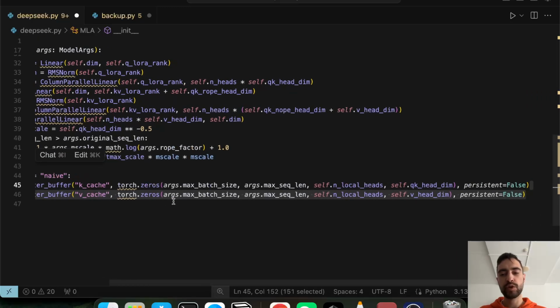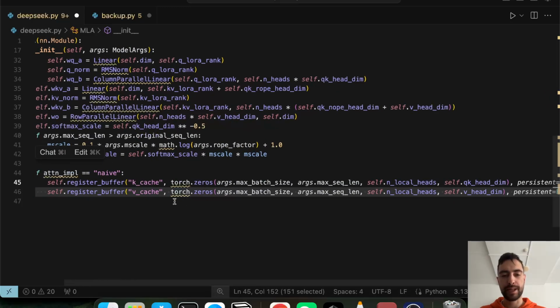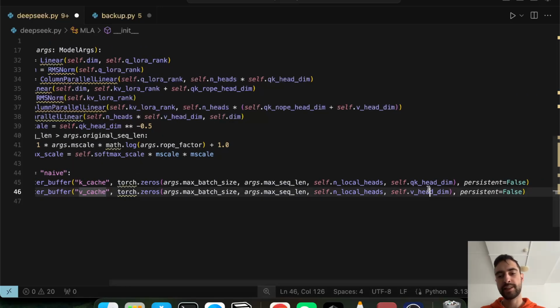Next, we will do the exact same thing, but for the value cache. Everything is the same. The difference is here: in value head dimension, this is QK head dimension.